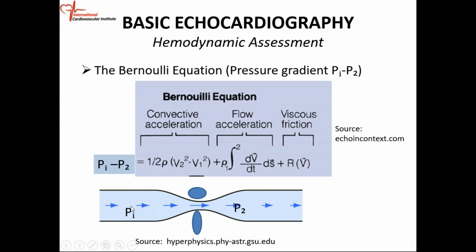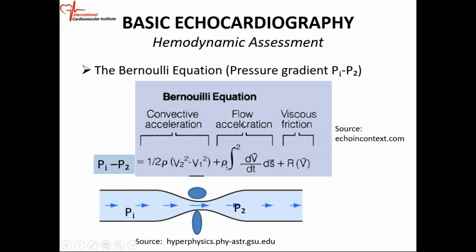Because P1 is greater than P2, the velocity at P2 has to be greater than the velocity at P1. Rho is just the mass density, multiplied by the square of V2 minus the square of V1.